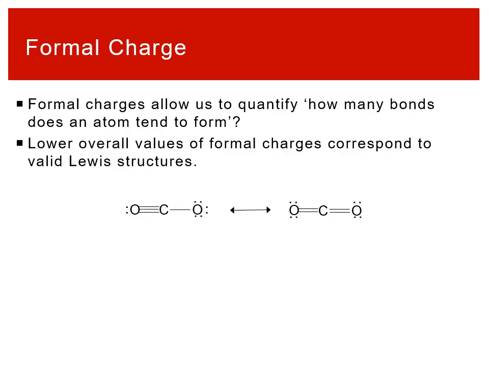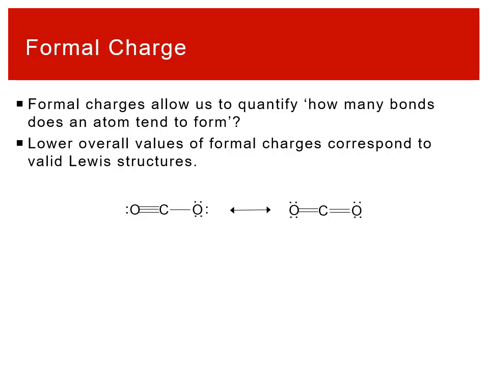Better Lewis structures overall have more formal charges of 0, right? We want low magnitudes. If I have a lot of +1s, -1s, that's not really what I want. What I want is a formal charge of 0 on every single atom, because that means all my atoms have an octet and they have the right number of expected bonding partners, distribution of bonds and lone pairs.